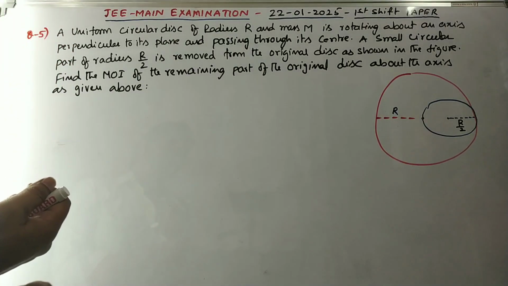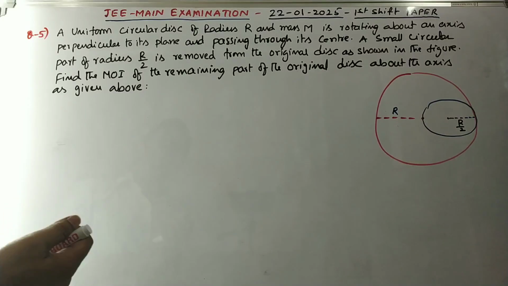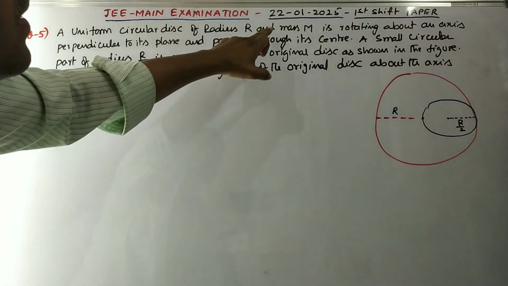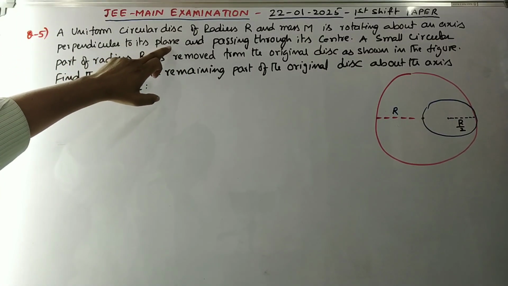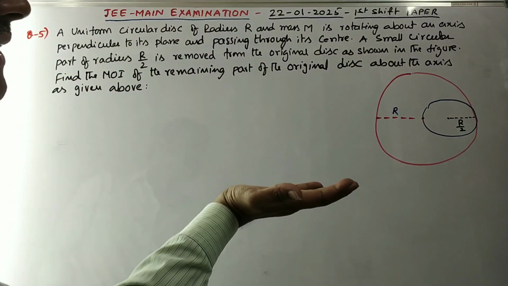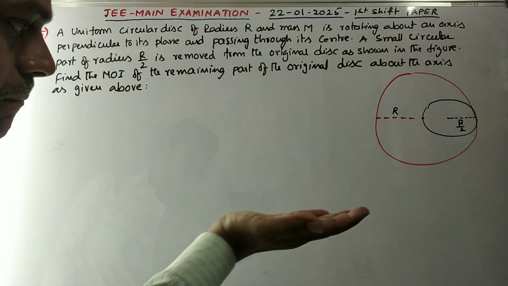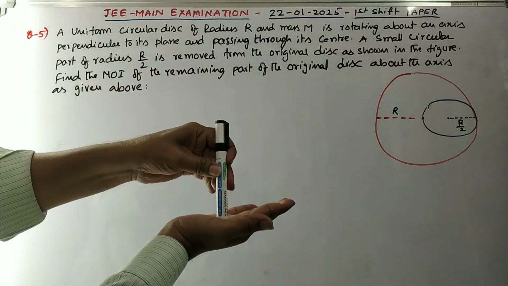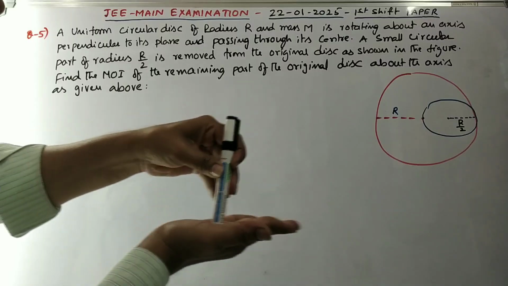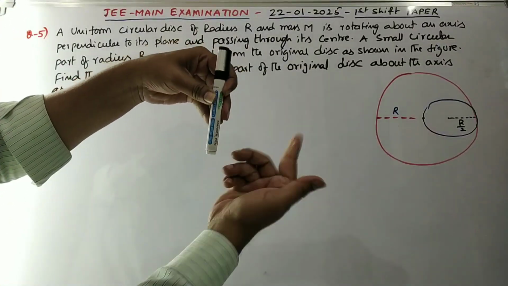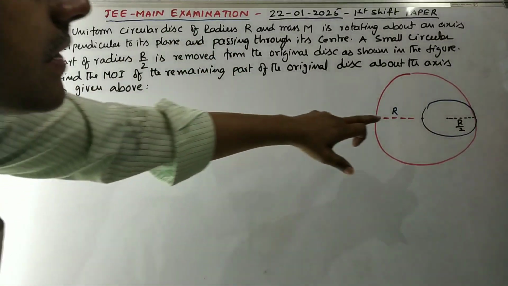Suppose this is a disc which is rotating perpendicular to its plane about an axis, like this.